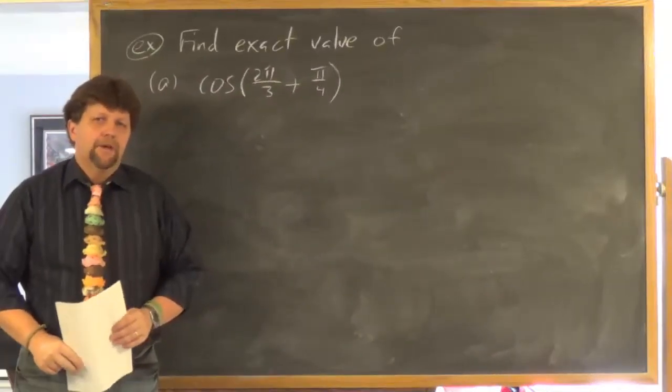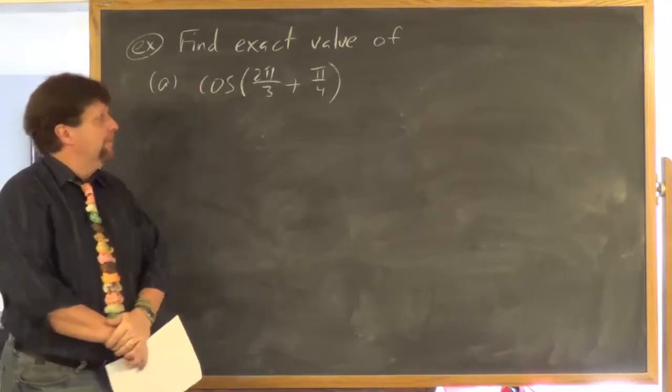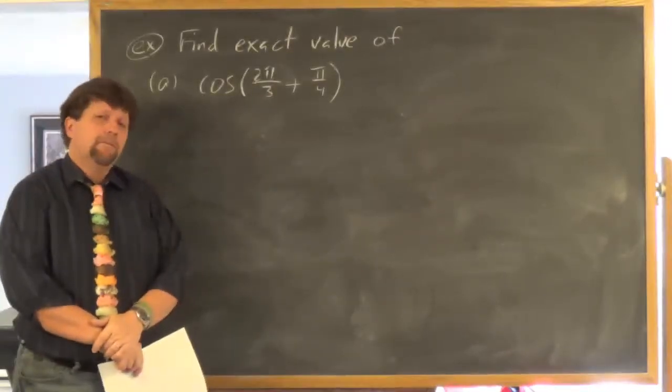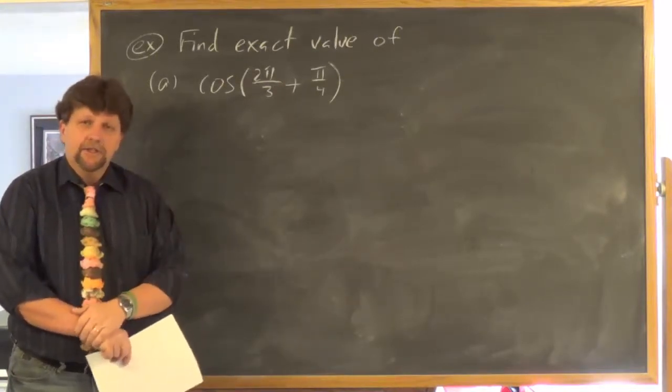Alright, for the first example, let's say we're asked to find the exact value of the cosine of 2 pi over 3 plus pi over 4. So that's one of those identities that I just had up on the board.